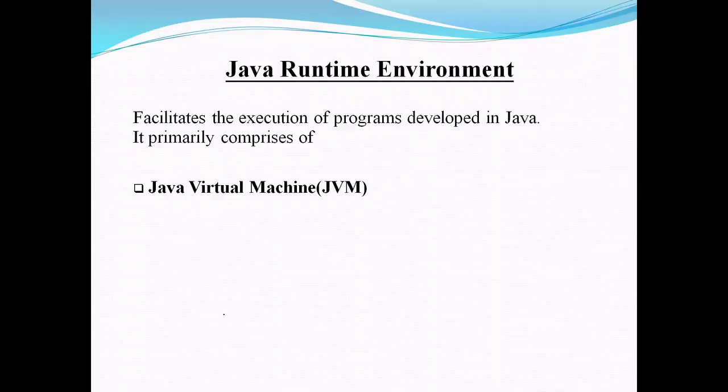JRE also contains runtime class libraries. These are a set of core class libraries that are required for the execution of a Java program. So there are some runtime class libraries which can also be used during execution of your Java program. These libraries are also part of JRE.